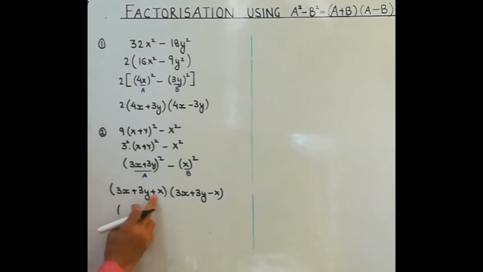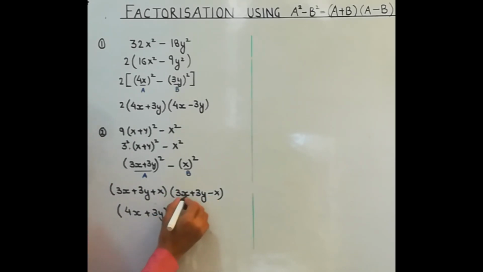As you are getting like terms in the bracket, you can solve it. So this will give you 4x plus 3y, and this one will give you 2x plus 3y. So this will be the answer.